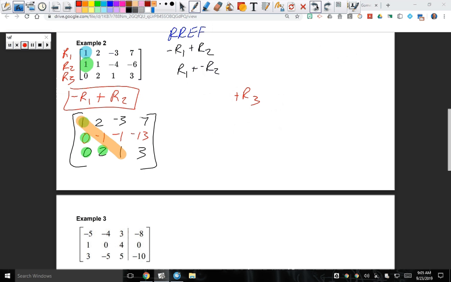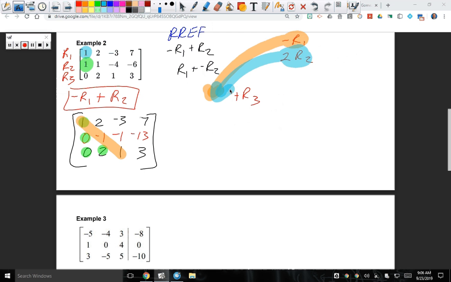So here we go. Negative row 1, people said. And say again. A 2 row 2, people said. You with me? You have two choices that you could do right here to add to row 3 that'll make that into a 0. And only one of them is correct. Who can tell me which one is it?